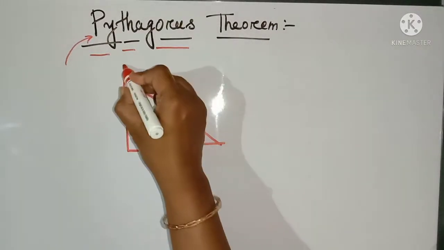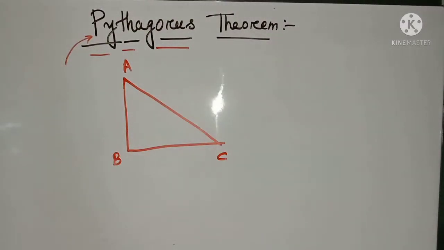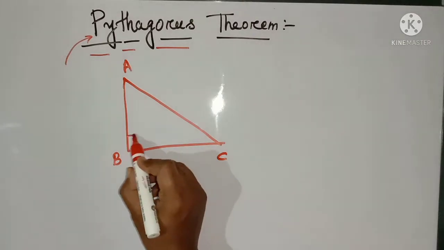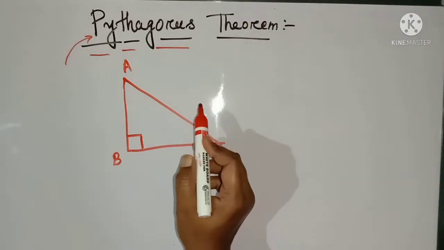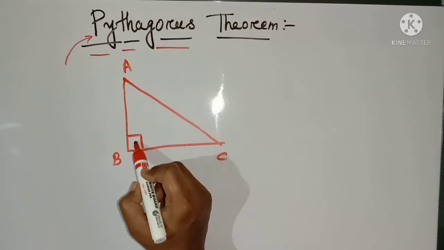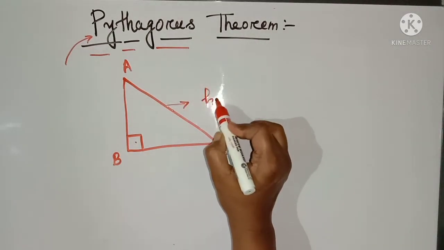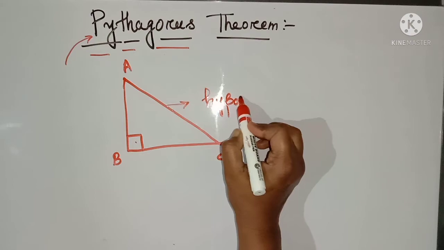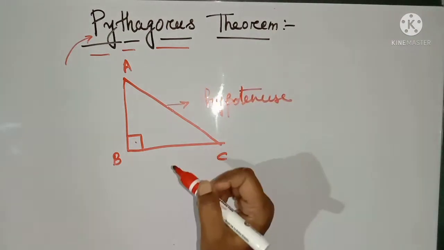So, ABC is a right angled triangle. At B, there is 90 degrees. Now, according to Pythagoras theorem, the side opposite to 90 degrees is known as the hypotenuse. So, this side is known as the hypotenuse of the right triangle.